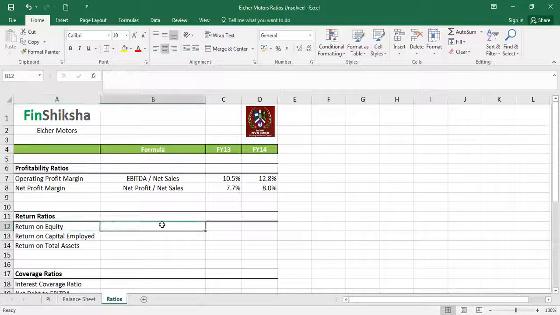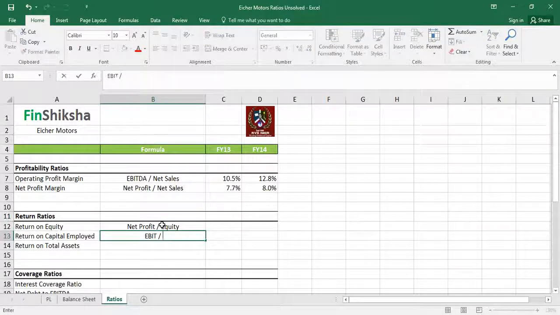Return on equity is going to be net profit divided by your equity holders' funds, which is total equity. Return on capital employed, on the other hand, is EBIT divided by equity plus debt, right?